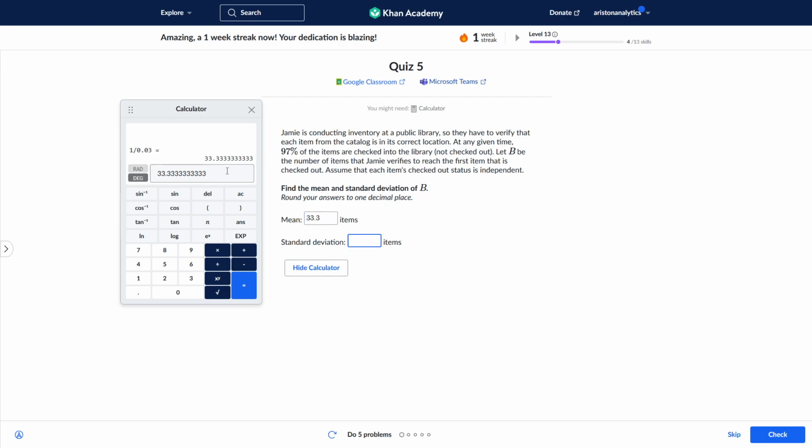Standard deviation is 0.97 divided by 0.03. 32.8.